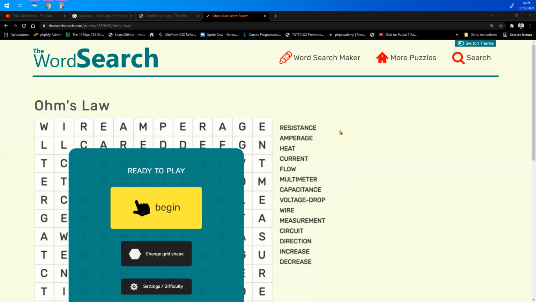Wire, que es cable. Ah, bueno, no les he dicho en español. Resistance, resistencia. Amperage, miren cómo es. Heat, calor. Amperaje, resistencia. Current, corriente. Flow, como la música, ¿verdad?